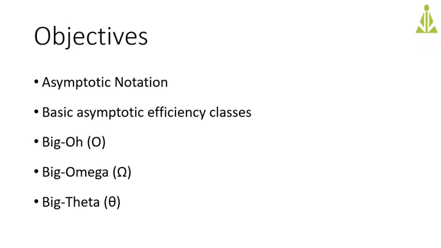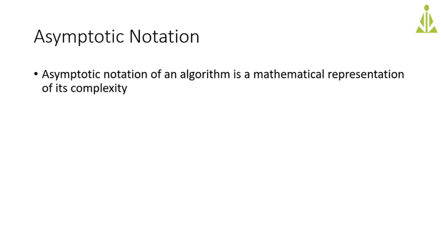So first we will see what is asymptotic notation. Asymptotic notation of an algorithm is a mathematical representation of its complexity. It is nothing but whatever time is taken by an algorithm, with the help of mathematical representation we are assuming and getting the approximate value for that algorithm.